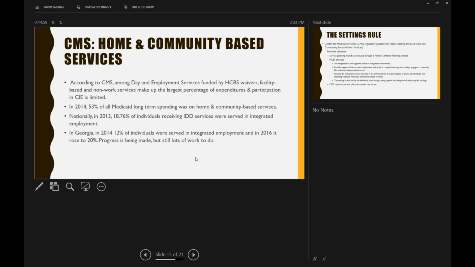And through DBHDD, individuals, especially who have intellectual disabilities, can receive supported employment services through Medicaid waivers, which are the home and community-based services, or they can receive state dollars, family support dollars to be in the community.